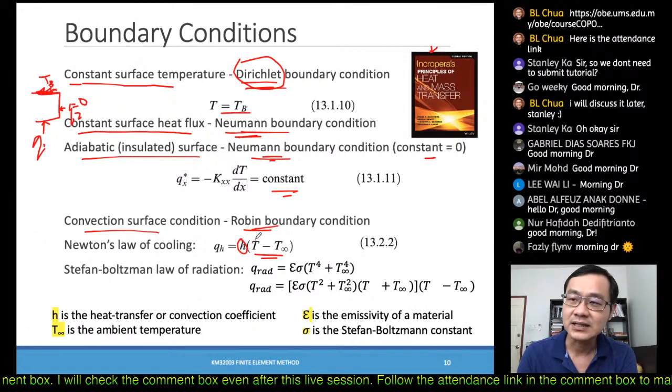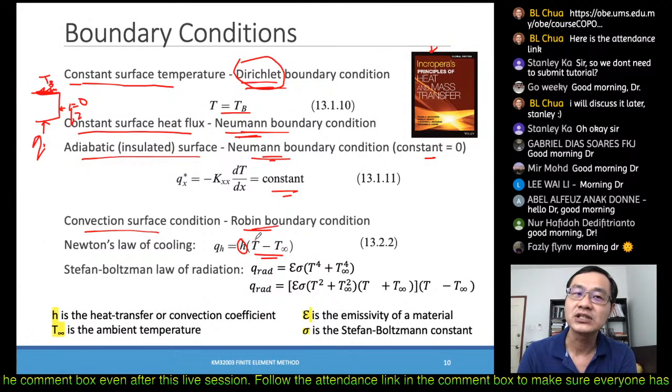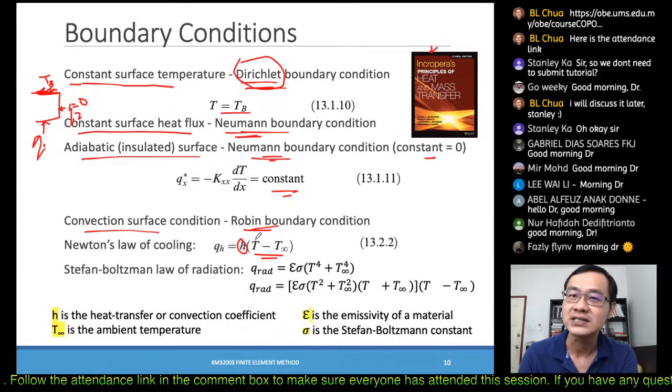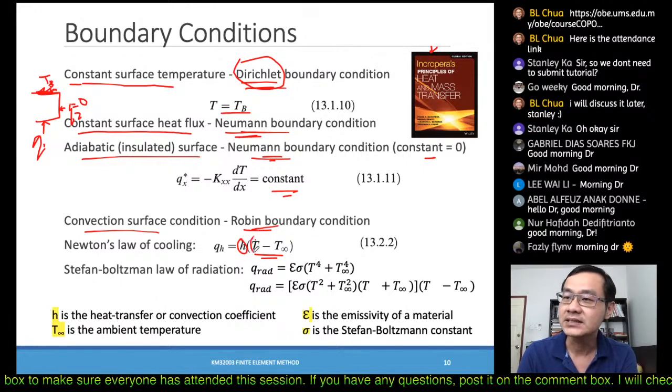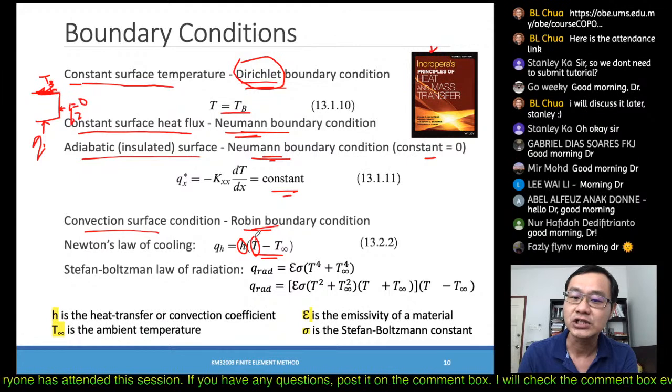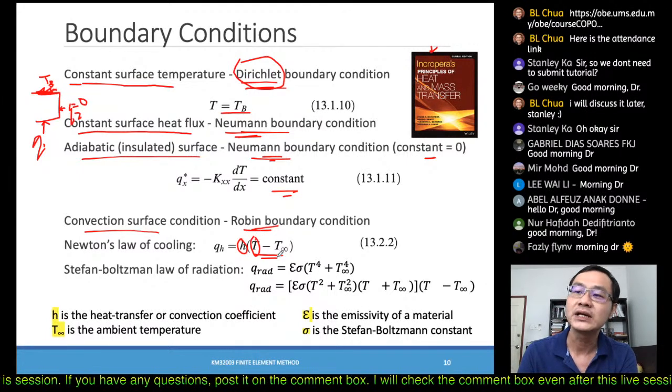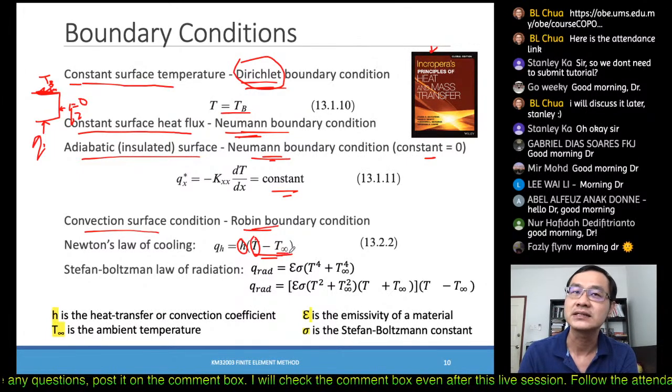In this case, again, the temperature is assigned or computed at the node, similar to the displacement. So this temperature refers to the temperature of the node, compared to the ambient temperature, what is outside. So there would be a convection.